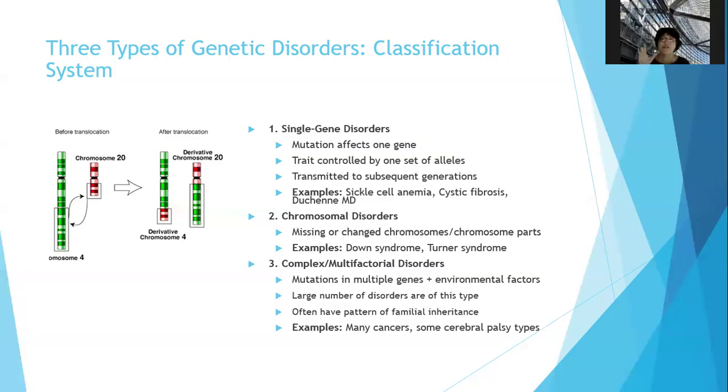There are complex multifactorial disorders that involve mutations in multiple genes and sometimes environmental factors that either trigger or precipitate the disease. There are tons, large numbers of disorders that are this type. They often have a familial pattern of inheritance, but just because you have the genes doesn't mean you're going to get the disorder.